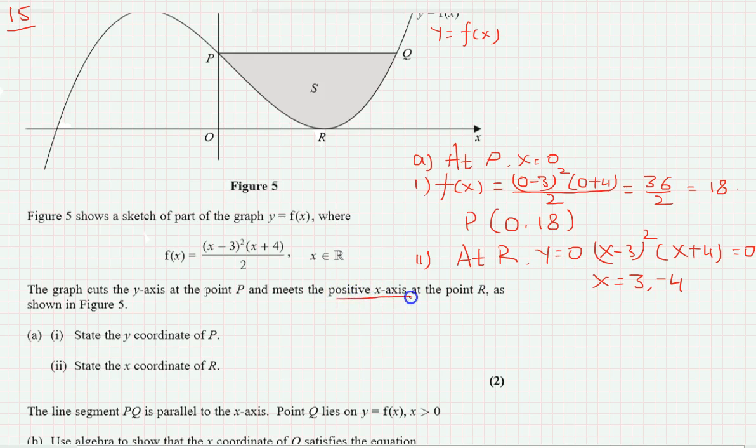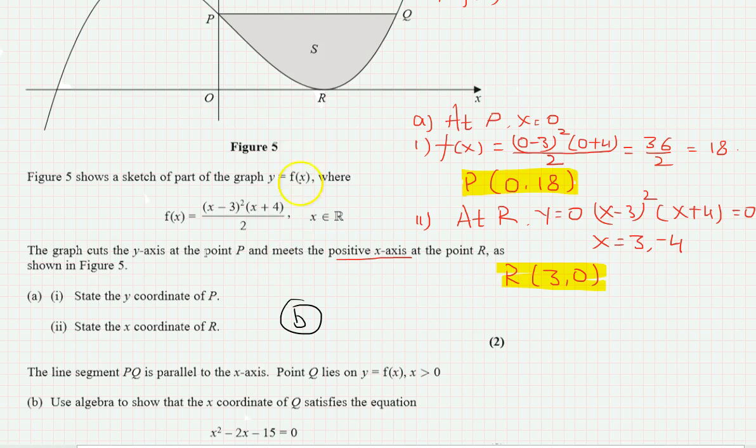It's meeting the positive x-axis at R, so x is positive. So the value of x will be 3. So R will be (3, 0). So these are the coordinates of P and these are the coordinates of R.